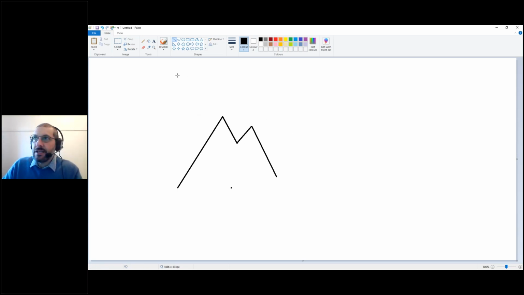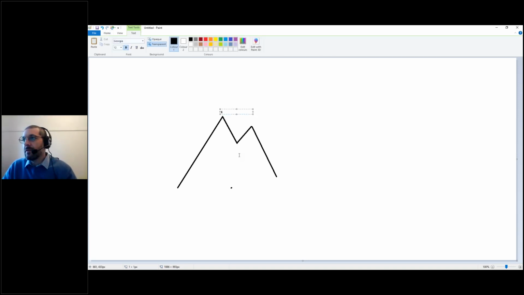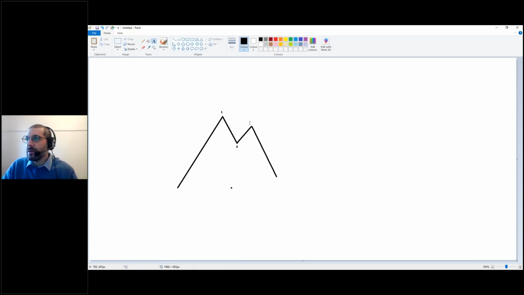A trend is basically 4 points to the upside and to the downside. Here's the downside trend. Let's just put it in. The 4 points would be 1, which would be the peak, 2, which would be the reference trough, 3, which would be the lower peak, and then 4 would be as soon as point 2 is taken out.